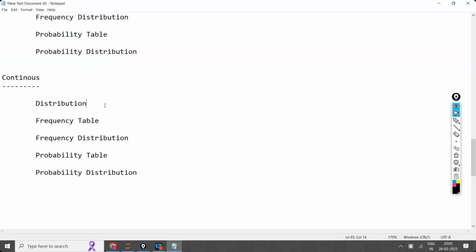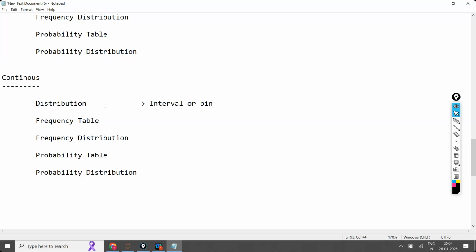Now, first distribution. For continuous variable, what does distribution mean? It is not unique values, it is intervals. Intervals are also called bins. One interval is called one bin.